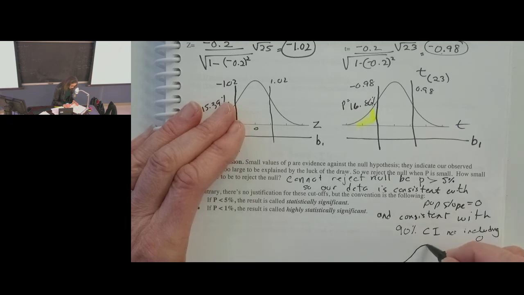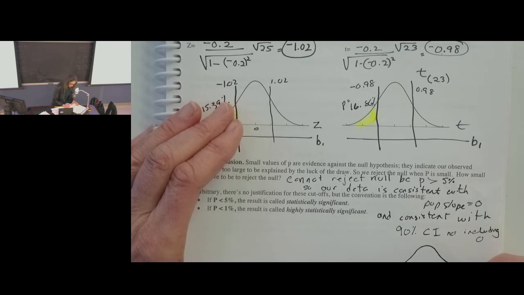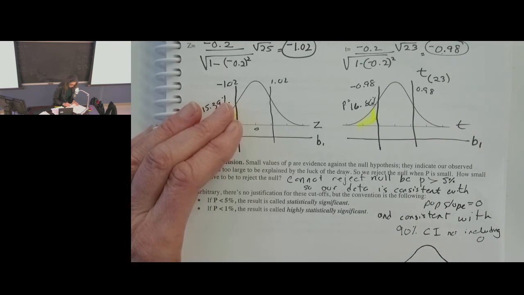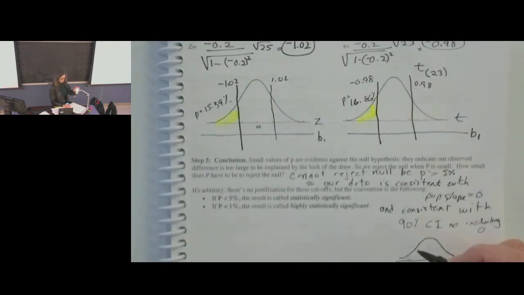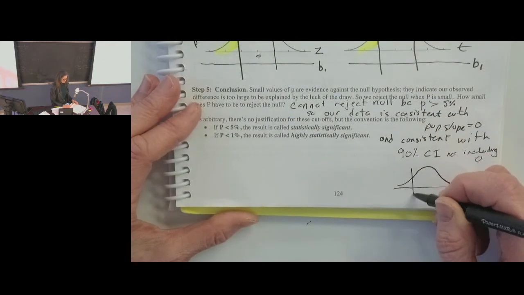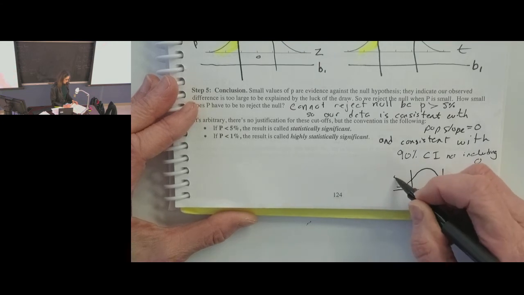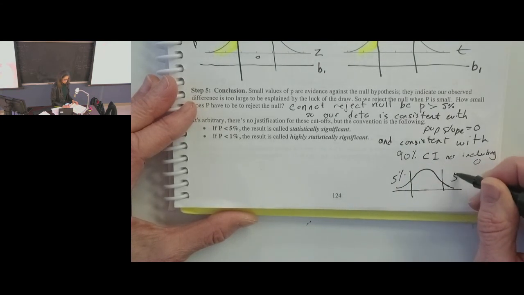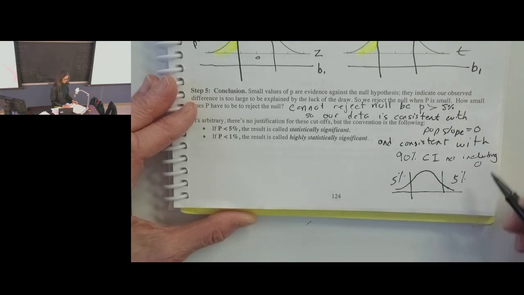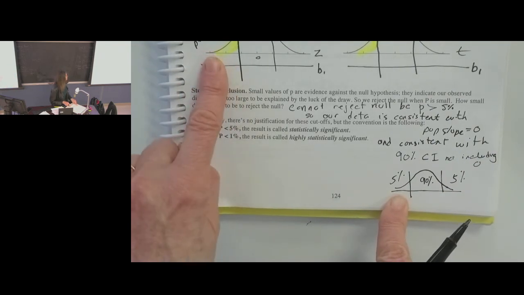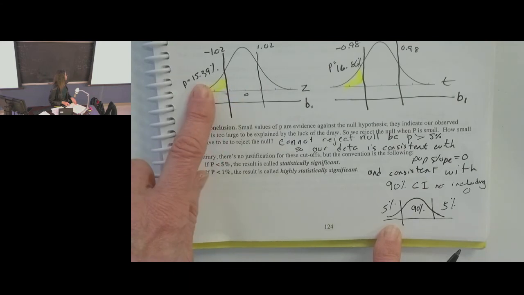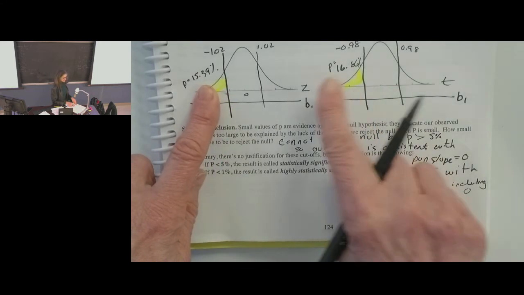I'll just draw the picture for the one-tailed. Confidence intervals are always in the middle. When we did one tail, we had to have 5% to reject, right? So that's 90% in the middle. If it landed at 5% way out here, we would have rejected the null, but it didn't.